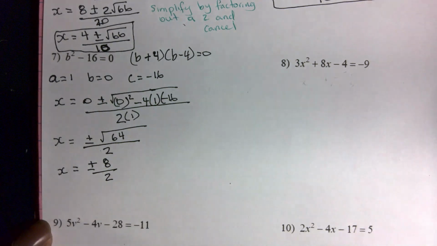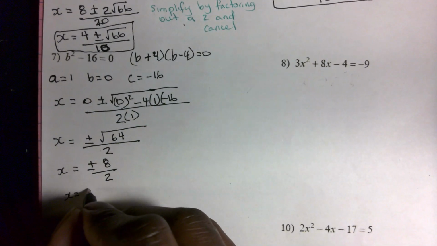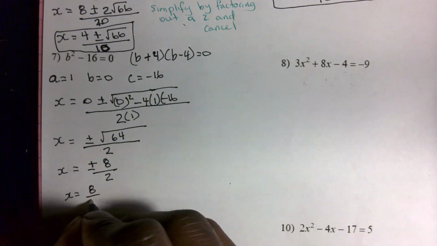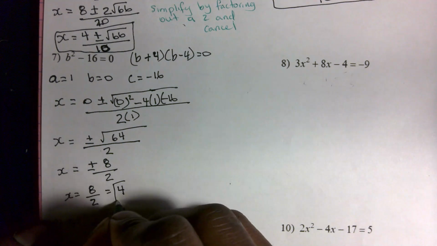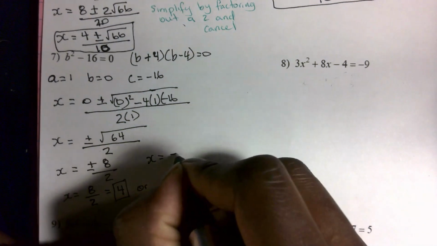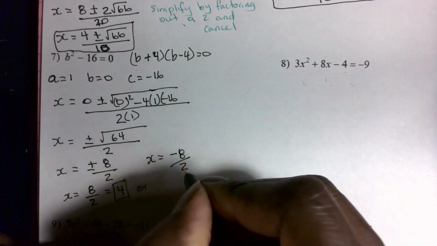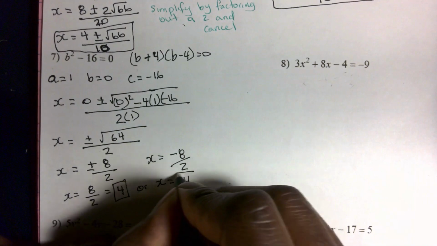Since we have two answers, one is x equals 8 over 2, which is 4, and the other is x equals negative 8 over 2, which is x equals negative 4.